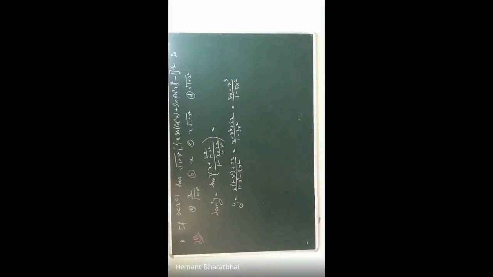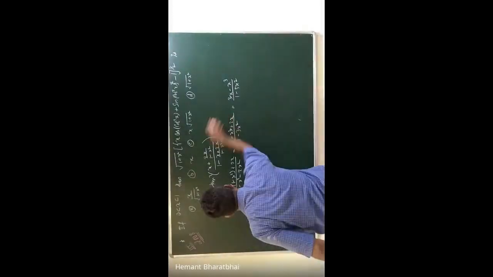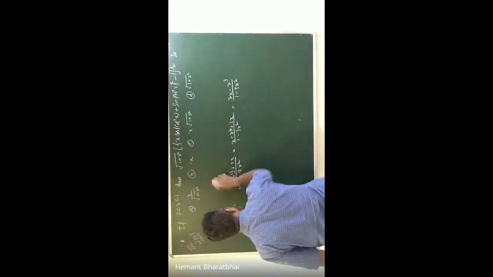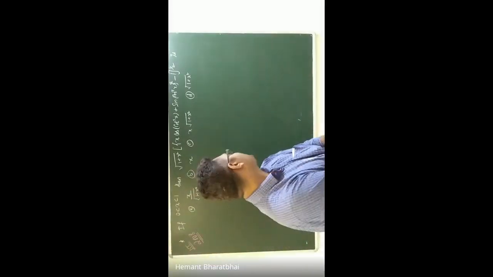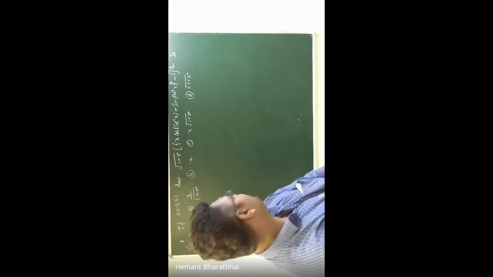So let's solve this. This came in the year 2008. At that time it was only JEE exams, there was no Main or Advanced. If you see, the question is in terms of x and you have sine inverse, cot inverse, cos inverse, and the option is only in terms of x.